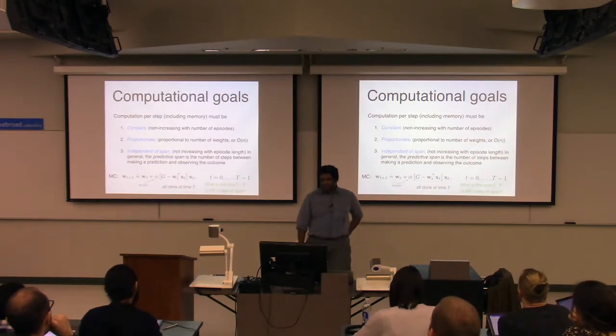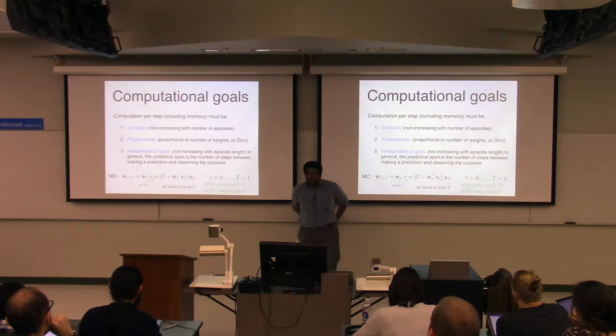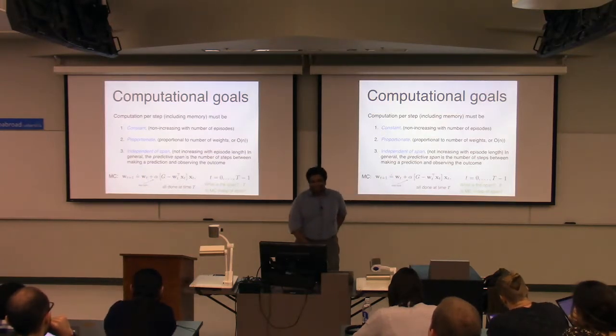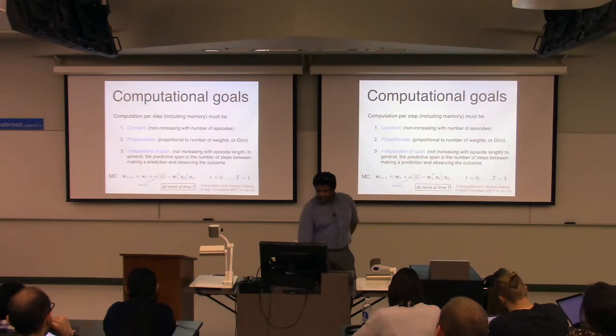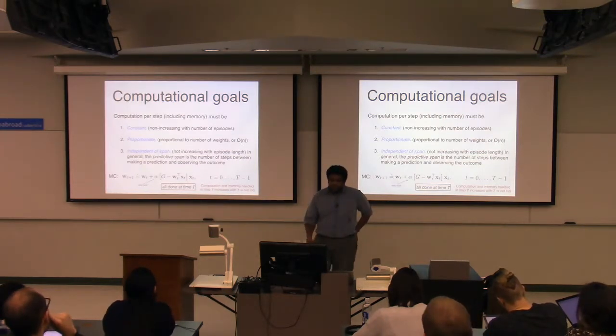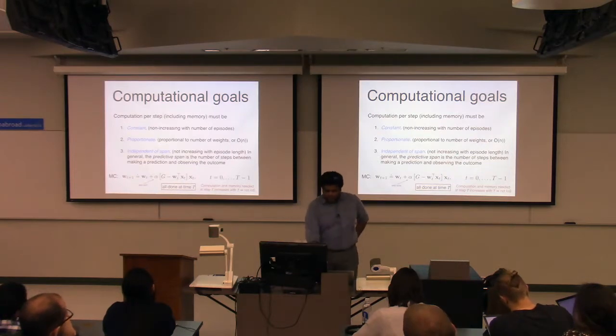And is Monte Carlo independent of span? No. Okay, because it's doing all of this computation at the end. Okay, and so because of that, the Monte Carlo algorithm is not independent of span.